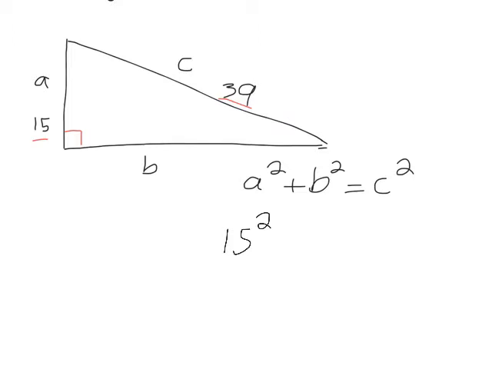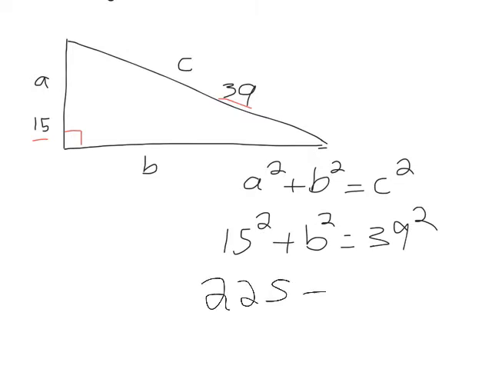We don't know b. Forgive me, I was just rolling through there. Plus b squared is equal to 39 squared. Okay, now take a second and go ahead and find 15 and 39 squared. 15 squared is 225, and 39 squared is 1,521.